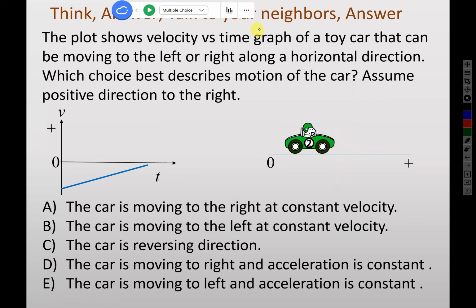So now, here is another question where there is a velocity versus time graph. But now, rather than asking you to draw an acceleration graph, it says what's happening, okay? So there are a series of questions, the situation is kind of the same. For this, I'm gonna give you 1 minute and 30 seconds, but for the others, you'll get just 1 minute.